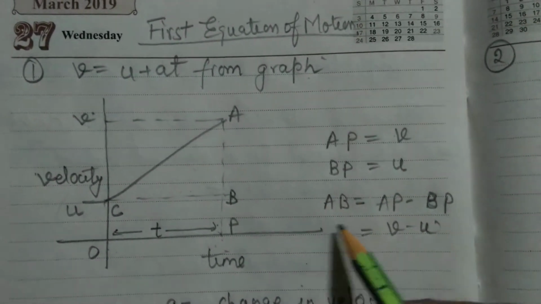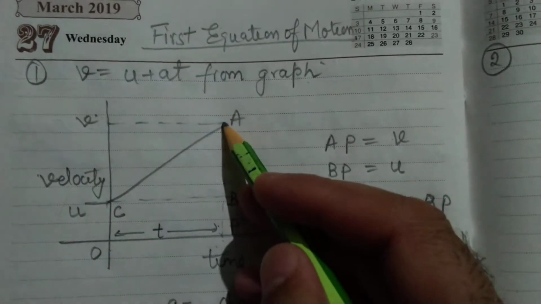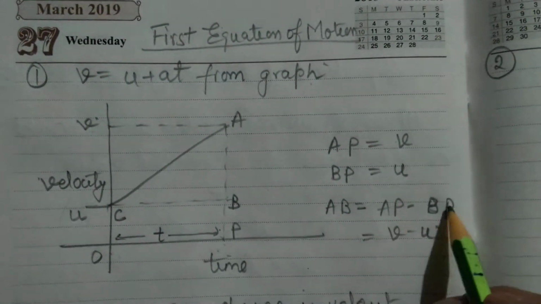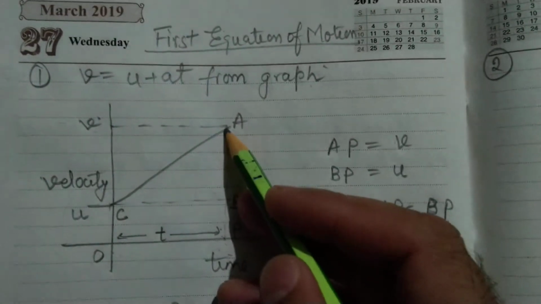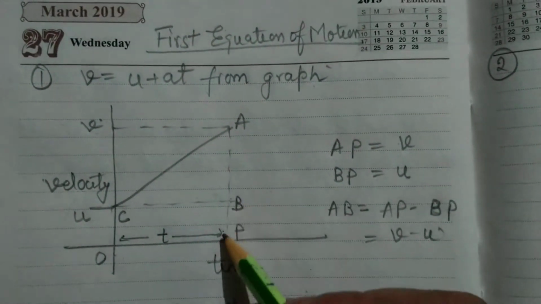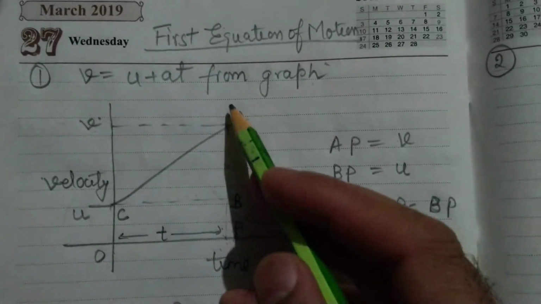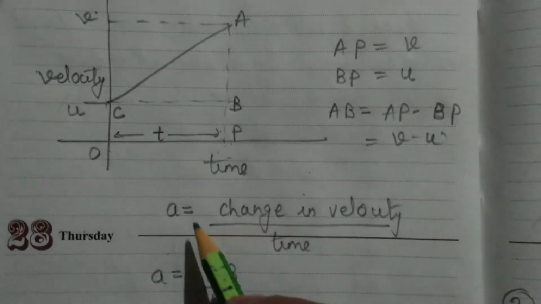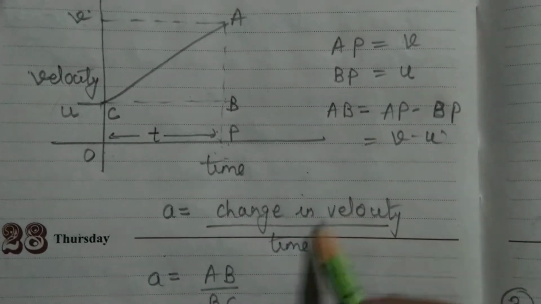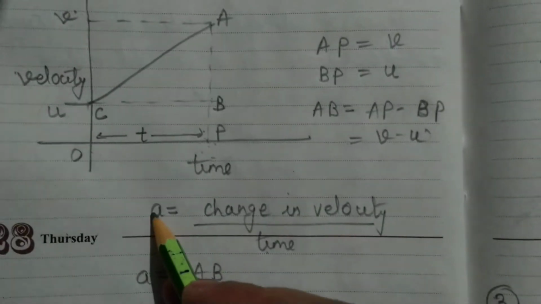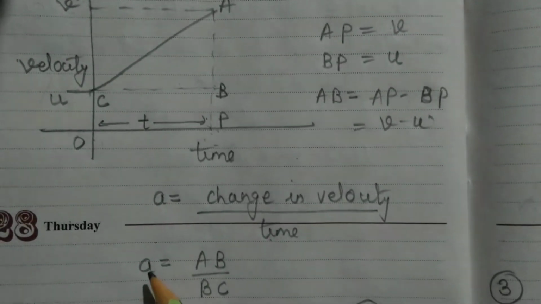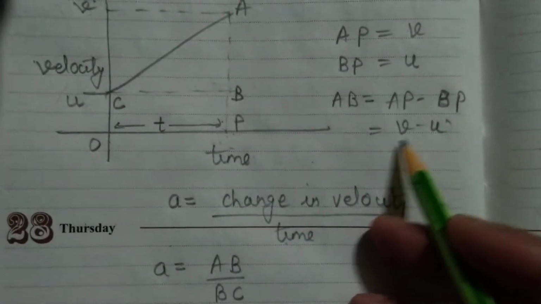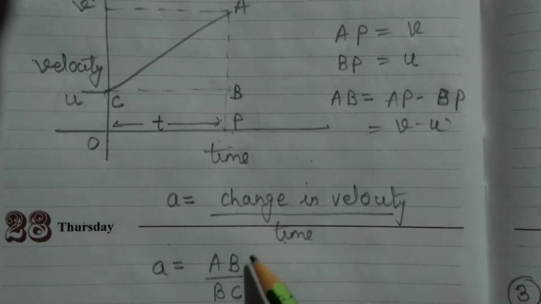Now AB, that is from here to here, we can say it is AP minus BP, that is AB is AP minus BP, or we can say AB is equal to V minus U. Now we know acceleration is equal to change in velocity divided by time. A is acceleration. So we can say A is equal to, now what is the change in velocity? It is V minus U, that is AB.